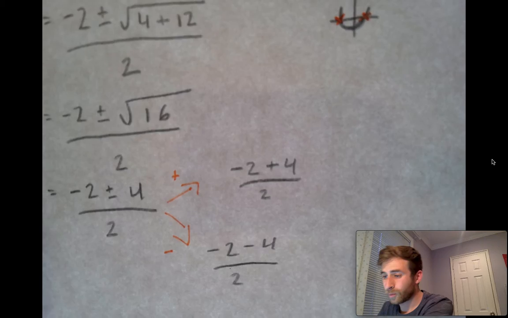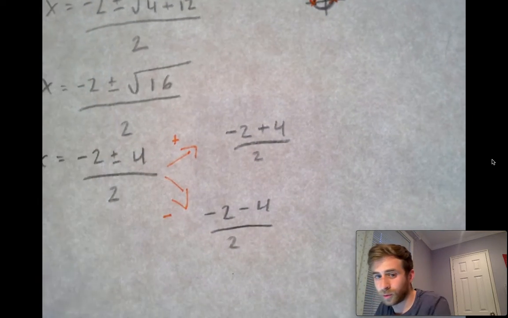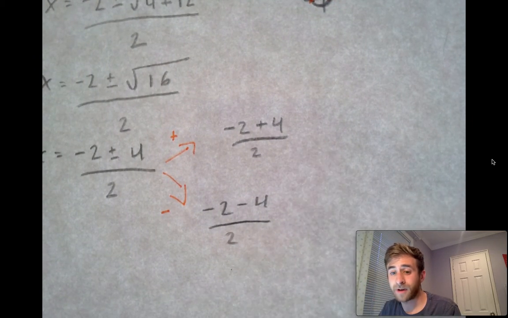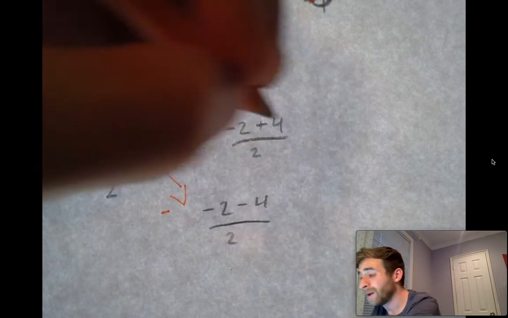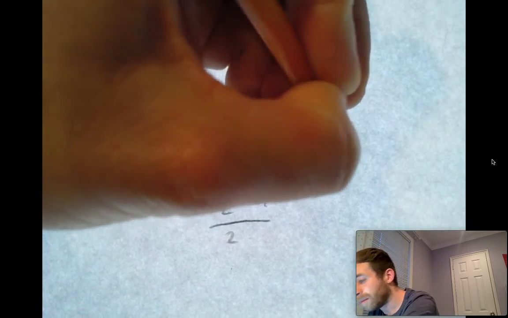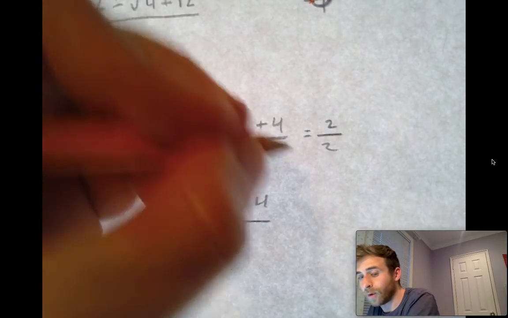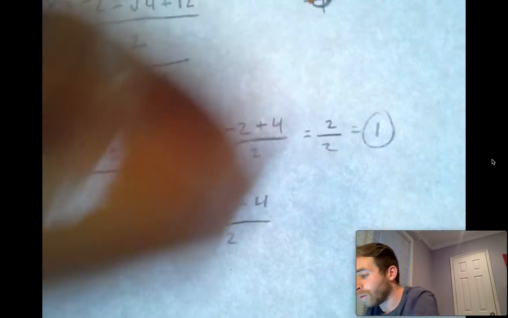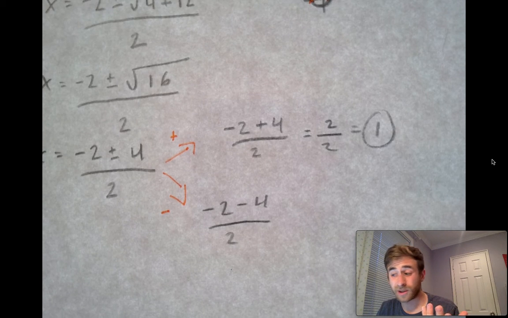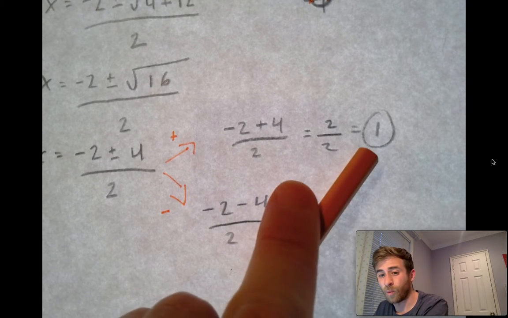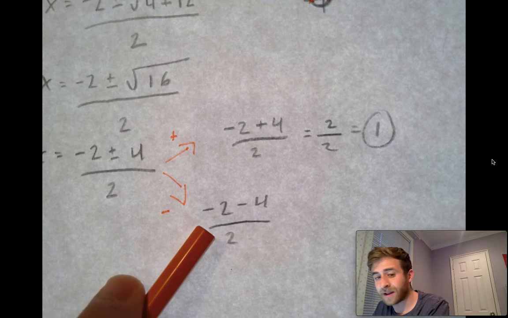And from here, we just have to finish it up, right? So on the top here, negative 2 plus 4 is going to be equal to positive 2. Bring this 2 over. 2 over 2 is going to get me 1. That's one of my solutions. X is going to be equal to 1 as one of my solutions. And then here we do the second part.